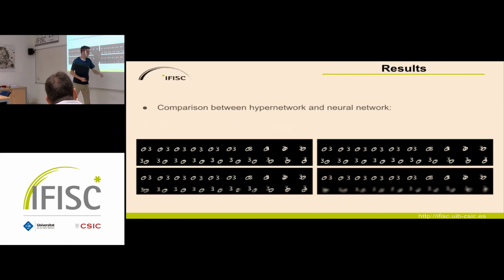We can see that by learning the parameters through a primary network, we are able to reconstruct the digits much more accurately than if we only use a usual deep learning technique, because it is adding some flexibility, which is the notion of flexibility that I was referring to. I think this is very visual.